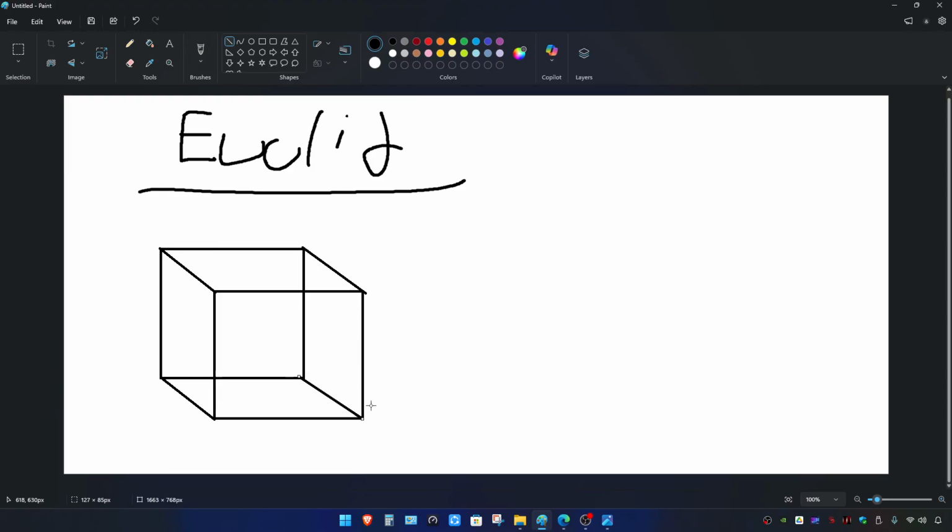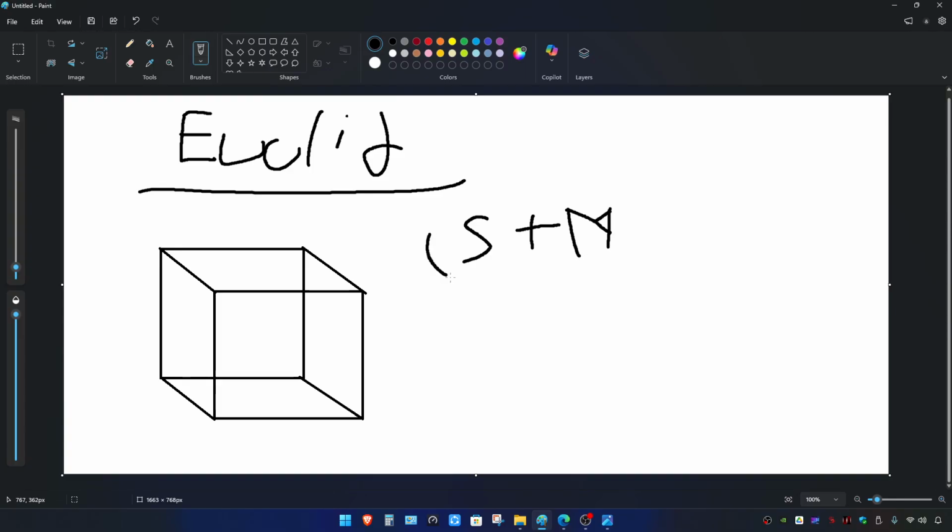So this is the Euclid dimension. Now the Euclid dimension, as I've already said, is a dimension of what? Space. It is space plus measurement. So if we get the proper measurement correct, then we can know how much space is needed for a box.